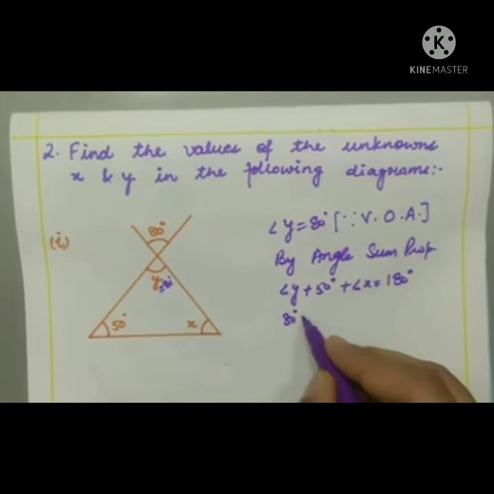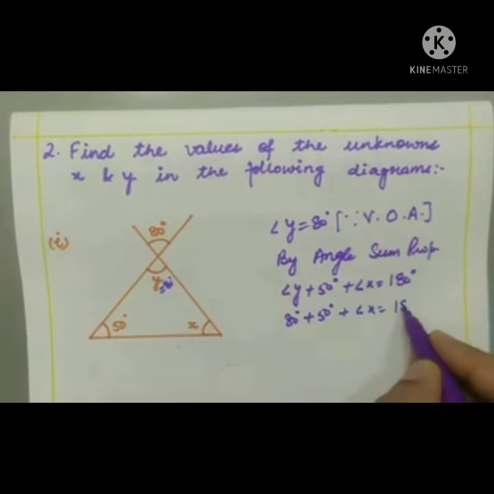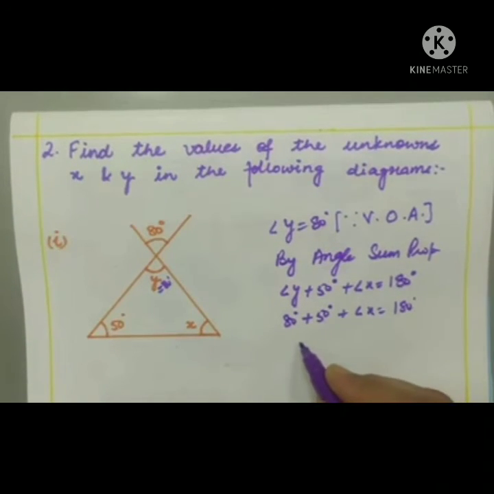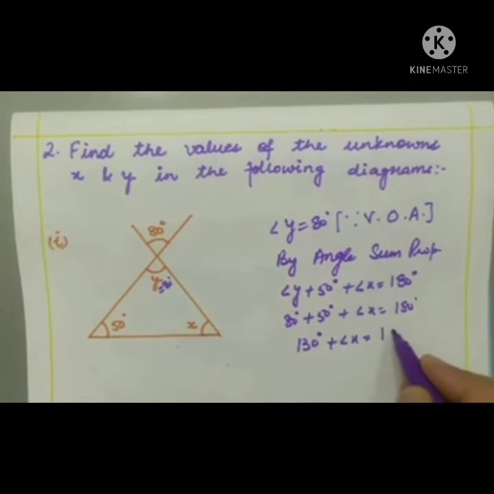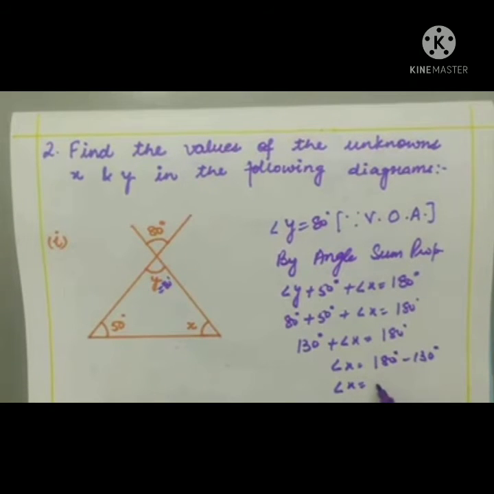Angle y is 80 degrees, this is 50. Angle x is equal to 180. 80 plus 50 is 130 degrees, equal to 180. So when we take it to the right side, it will be minus 130 degrees. So the measure of angle x is 50 degrees.